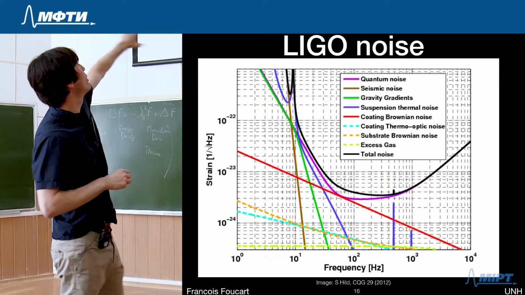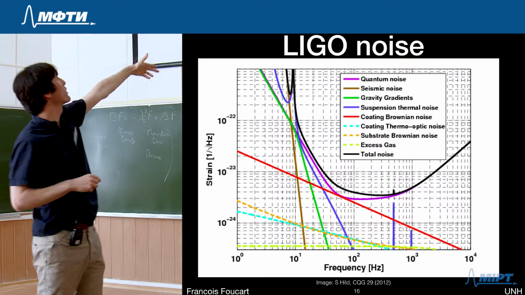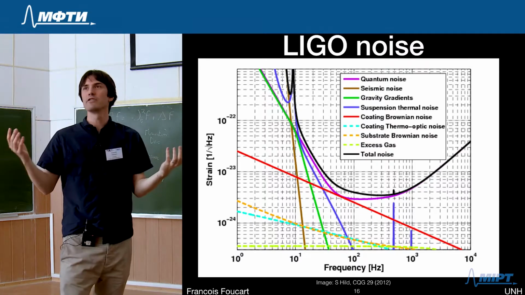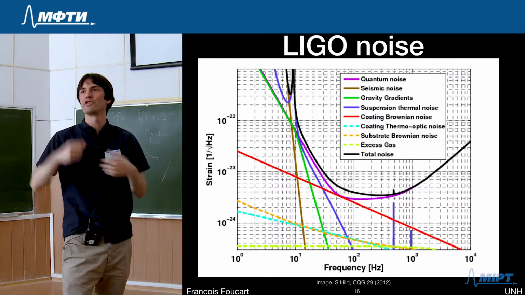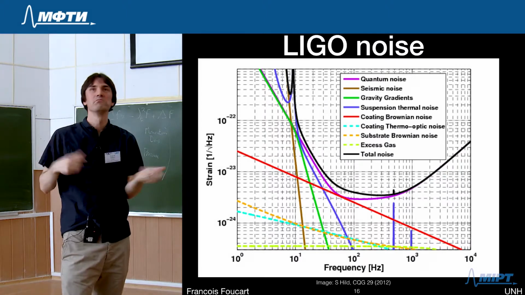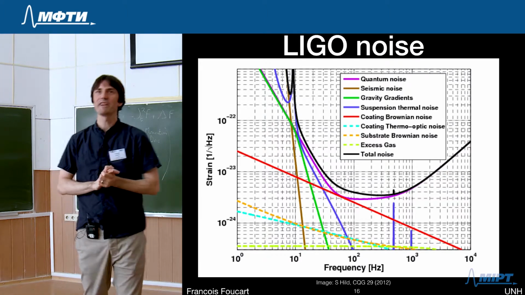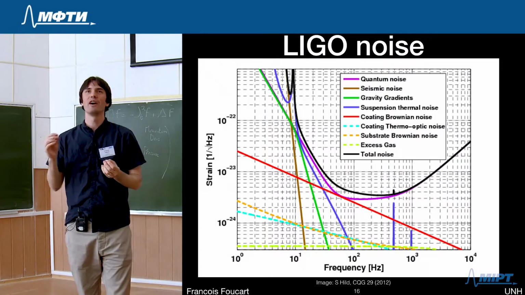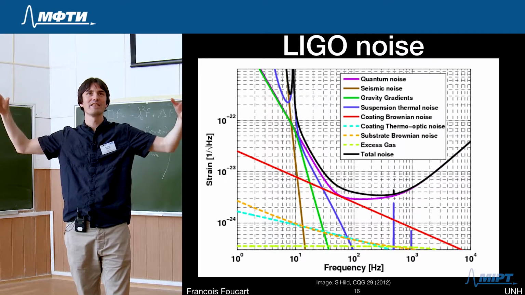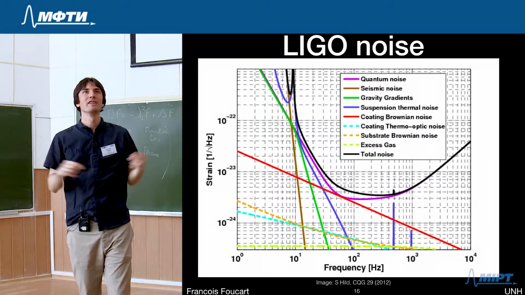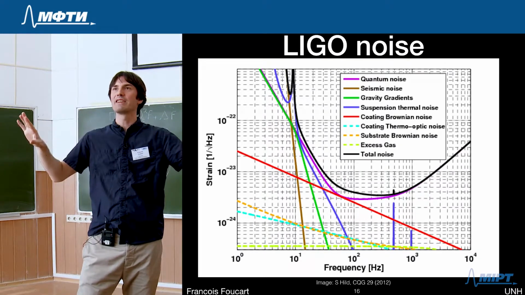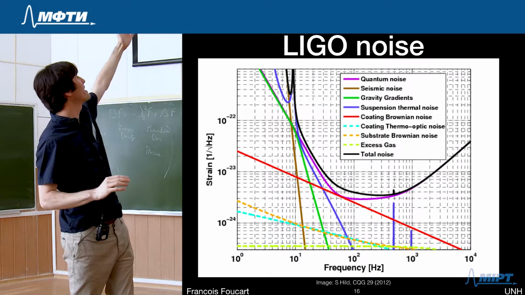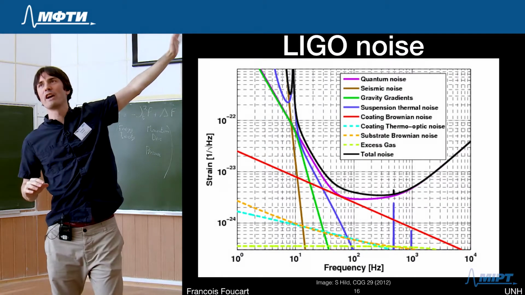You can see that at very low frequency, it's the brown curve, which is the first thing that would generally come to mind, which is seismic noise, just the vibrations of the Earth, which will change the length of the detector. That is to be expected. But LIGO has such good suspension for its test masses at the end of each arm that they can basically remove the impact of the motion of the Earth everywhere above a design sensitivity of 10 Hertz, currently more like 20, 30 Hertz.